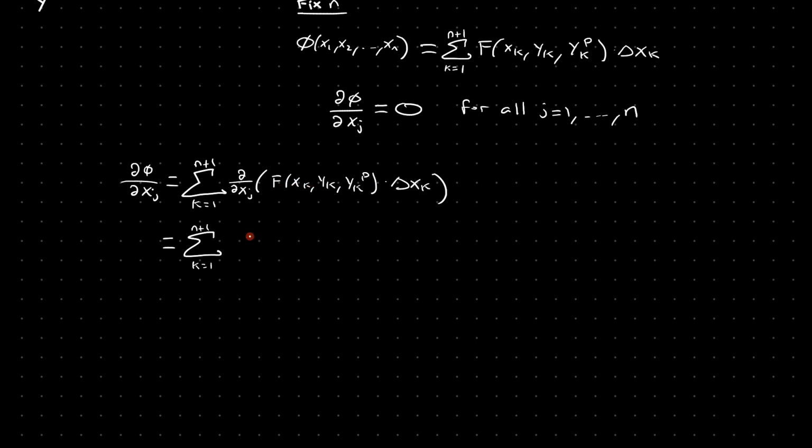So the first thing here will be the same thing as the xj derivative of f of xk, yk, ykp, whatever that is, times delta xk, plus the function itself, f of xk, yk, ykp, times the xj derivative of delta xk.